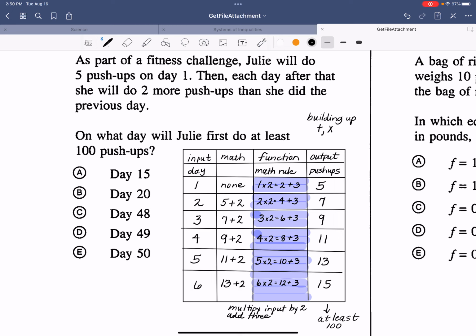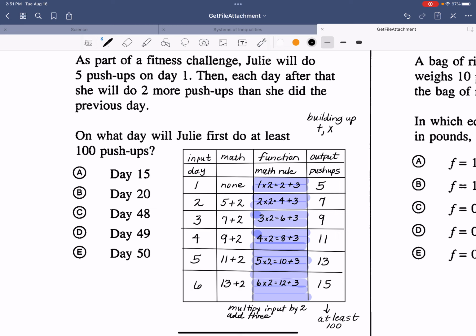And I think the question you asked me was, why am I adding 3 and not 2? Because the question says that we're adding 2 every day. The reason is that you're taking the 2 that you're adding on every day and the day before.